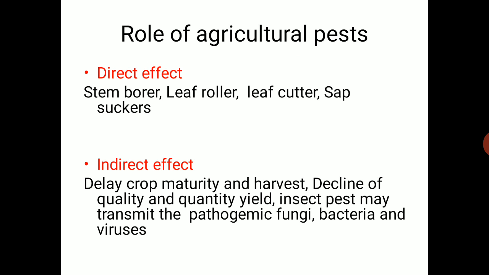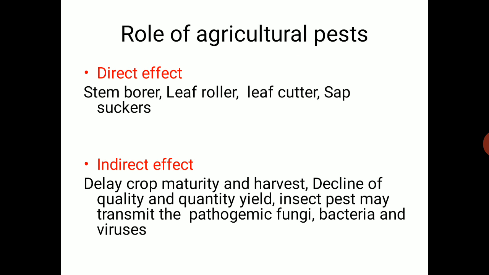Which means, when the pest feeds on a plant, call it plant A, if plant A is already affected by any type of bacteria or fungus, the insects carry that fungus and bacteria when they feed on that plant. When the same insect attacks the second plant, plant B, these pathogens like fungus and bacteria transfer from plant A to plant B with the help of the insect pest.